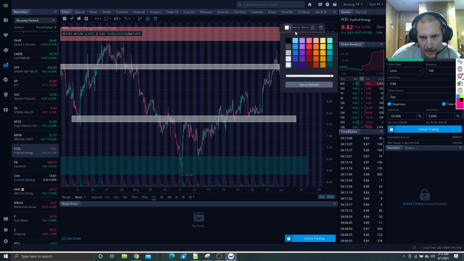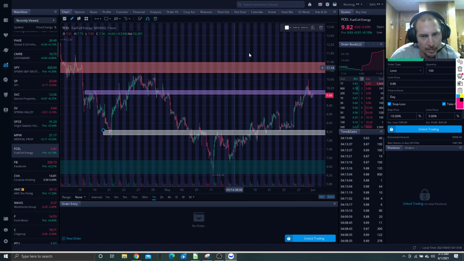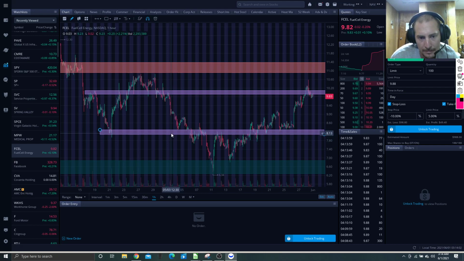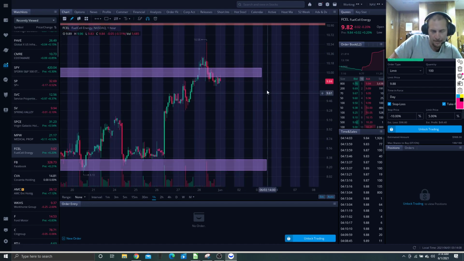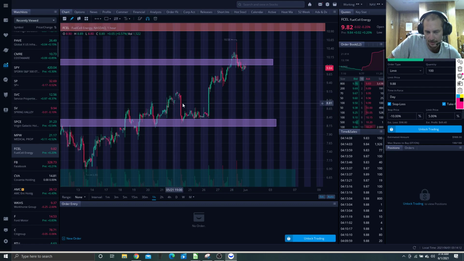So now we have some tradable levels here. Let's make our intraday stuff just this purple color. Perfect. So now we know areas where price is likely to reverse if it touches.